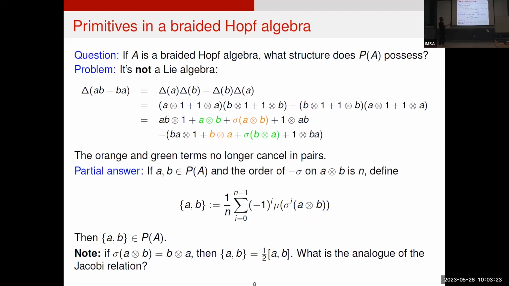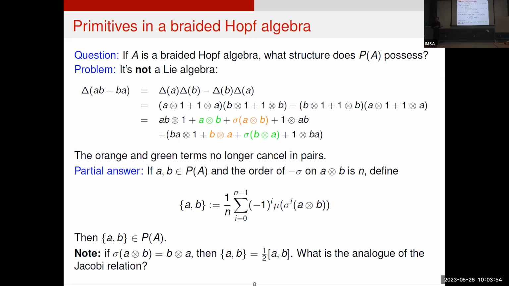And the green term cancels the green term. But if the braiding isn't of that form, they don't cancel. If they cancel, then I get AB minus BA tensor 1 plus 1 tensor AB minus BA, and I see that it's primitive, but these terms obstruct the primitivity. That's a problem. You can say, what is it?